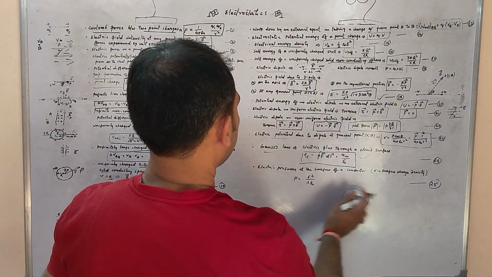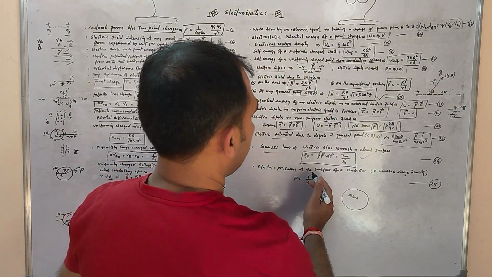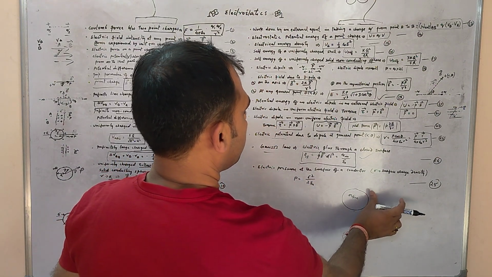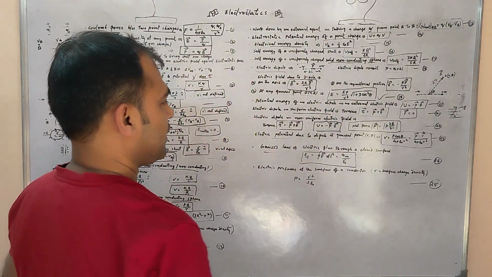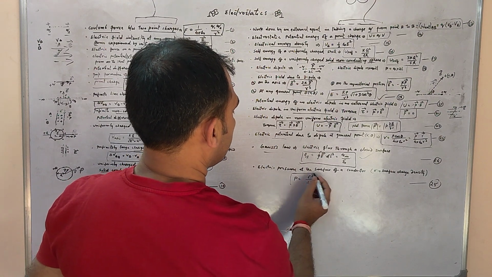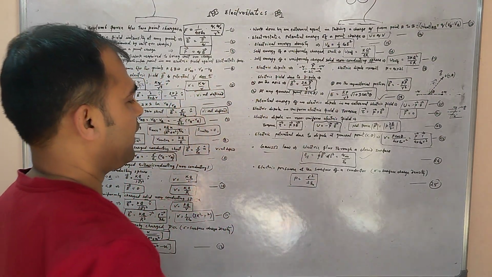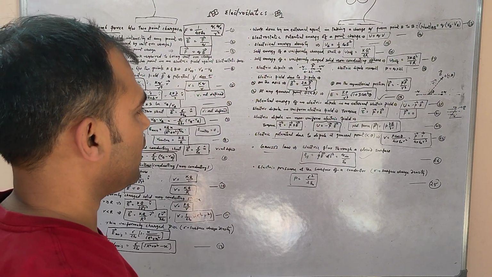Now electric pressure at a surface of conductor. If sigma is the surface charge density, then the electric pressure can be given by P equals sigma square upon 2 epsilon naught.